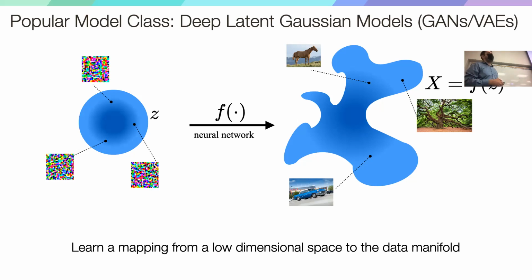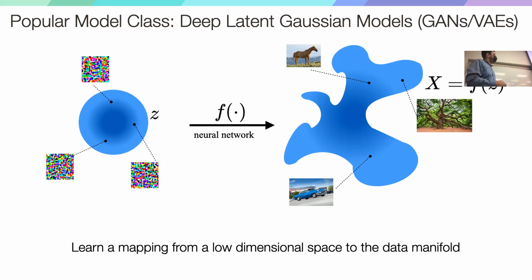Unsurprisingly, this is done with neural networks. Neural networks are universal function approximators, so they can be used to learn or morph that low dimensional space to the high dimensional, curved one. But it's not immediately obvious how to train these models, and this is essentially what this course is going to be about: the training paradigms that allow you to do unsupervised learning of these high dimensional image spaces, or at least parts of it.